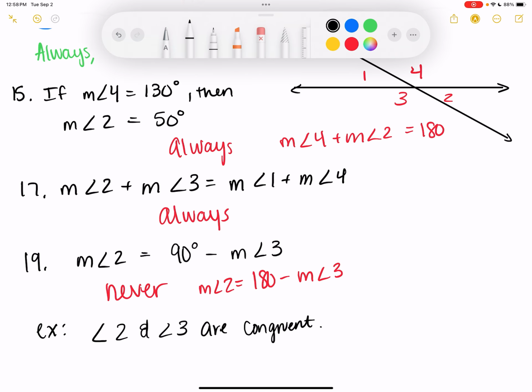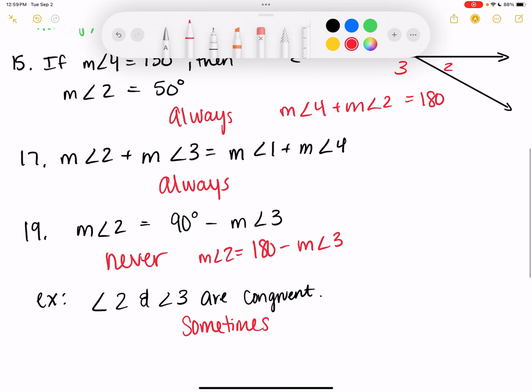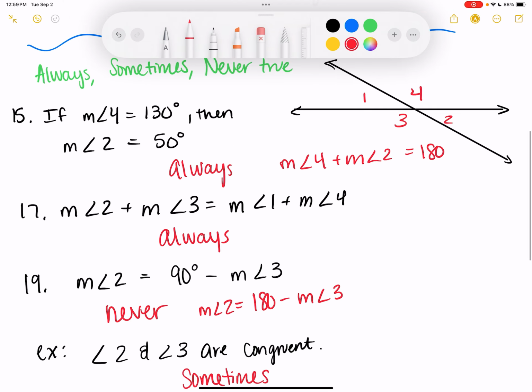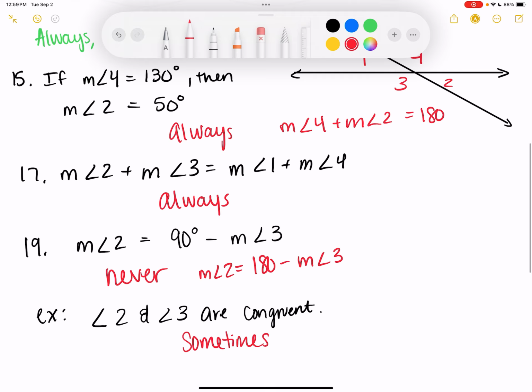Sometimes. Yep, sometimes. So it's possible that they could be congruent. In this particular picture, they don't look congruent, right? I think we can agree with that. However, it is possible that they could be, so that's why we would say sometimes. So that's where I would say the sometimes are the most confusing ones. If you're like, well, I feel like it could be, but it also might not be, that's probably a good hint that it's a sometimes thing, right?